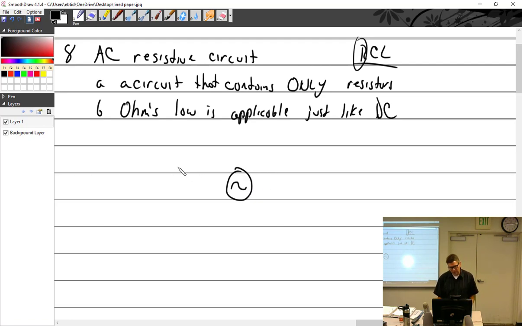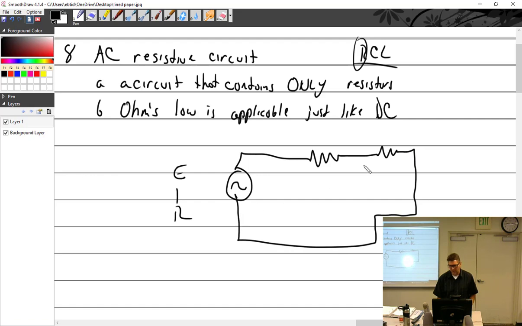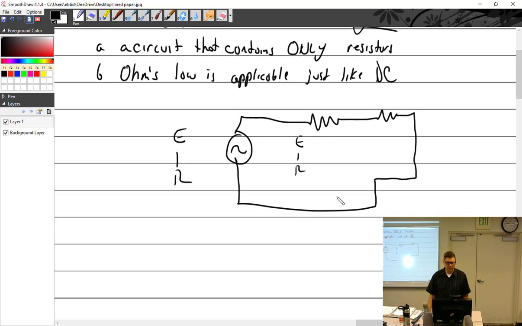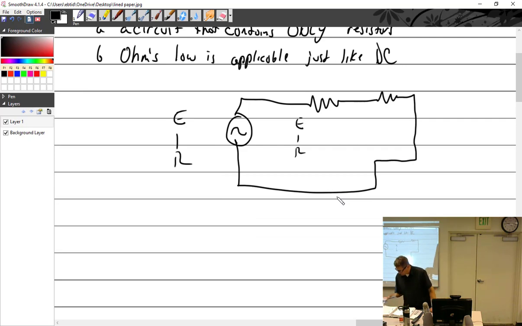Otherwise, you would just do E, I, R, go through here's a resistor, and come back around. Ohm's law, Kirchhoff's law, it's all the same, works just fine. Nothing new, all done.